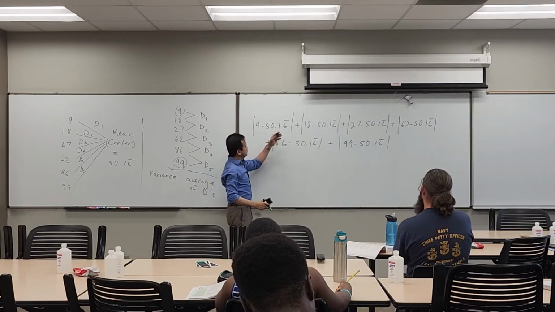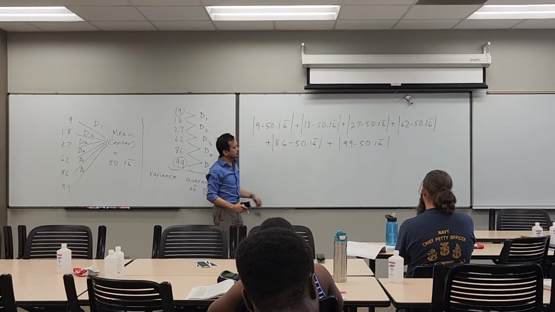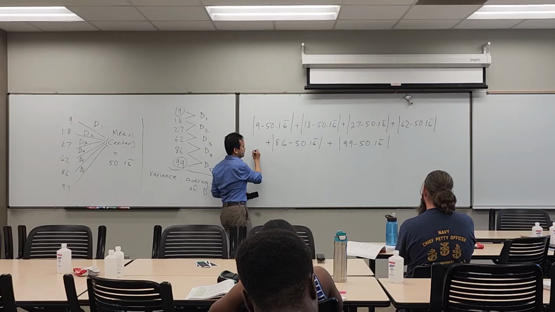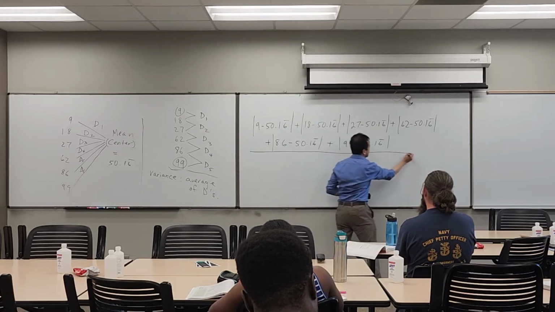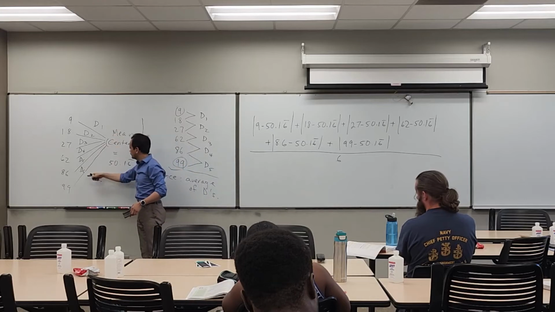Each of these absolute values represents each of the distances from the mean. And then now to find the average, we're gonna add those up and divide by the number of distances, which in this case is 6. There're gonna be 6 distances.